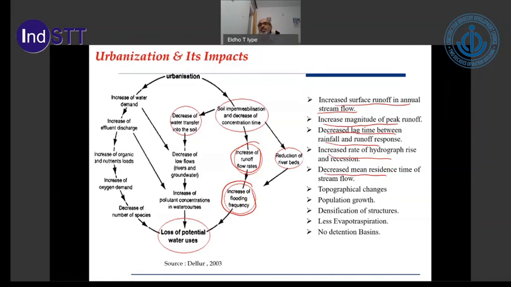Then there is no space for detention basins, and so many other problems. So we are going to discuss the impacts of urbanization, in terms of a smart city, and the problems with respect to hydrology, for example flooding.